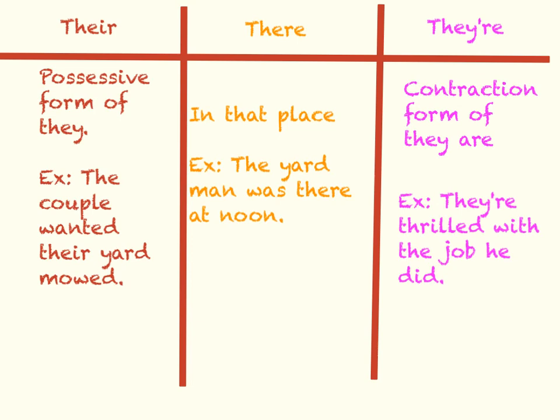A way to remember this would be if you replace this T with a W, you'll have the word where, which means something similar. The example would be, the yard man was there at noon. And on the right, you'll see they're as the contraction form of they are, and the example is, they're thrilled with the job he did. And if we would replace this with they are, it would still make sense.